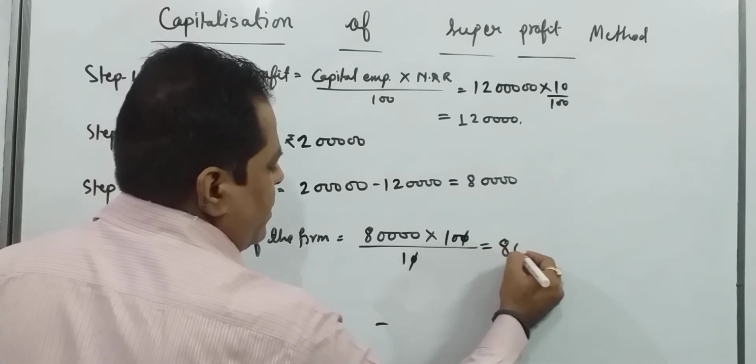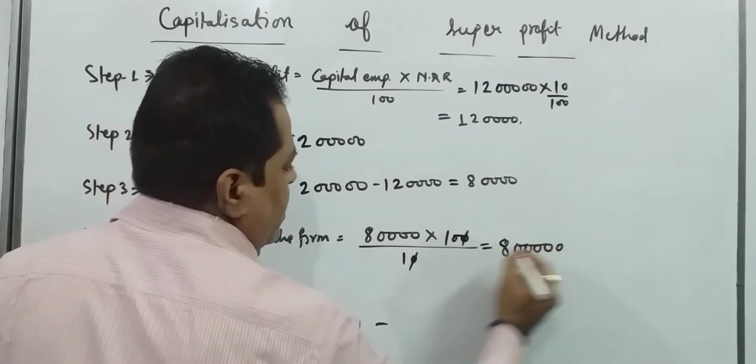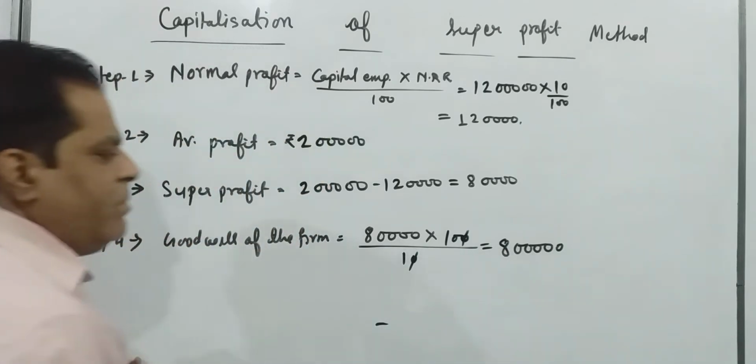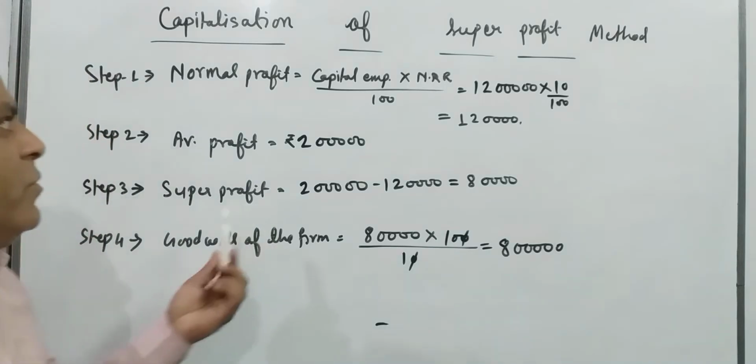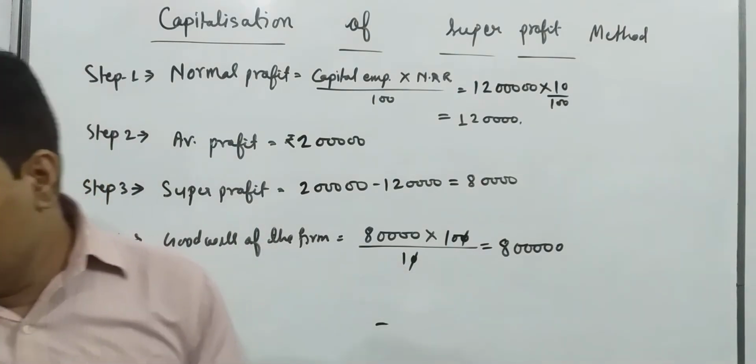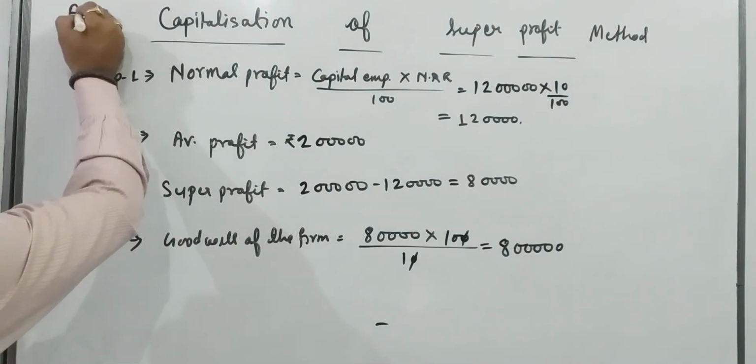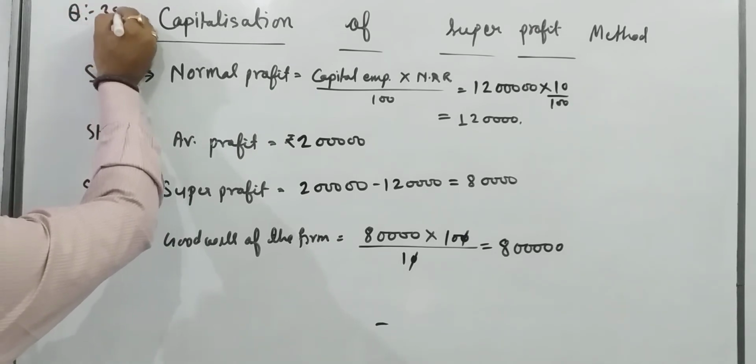So your answer will be 8 lakh. 8 lakh is the goodwill of the firm. So dear student, this is the solution of question number 35.